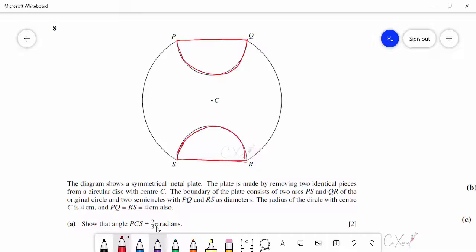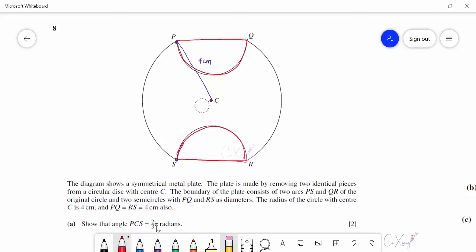Generally, what we have is something like this. This is P, this is C, so it is actually a straight line. Maybe I try to draw a straight line first. It is 4 cm, and this is S. They want us to get this angle.